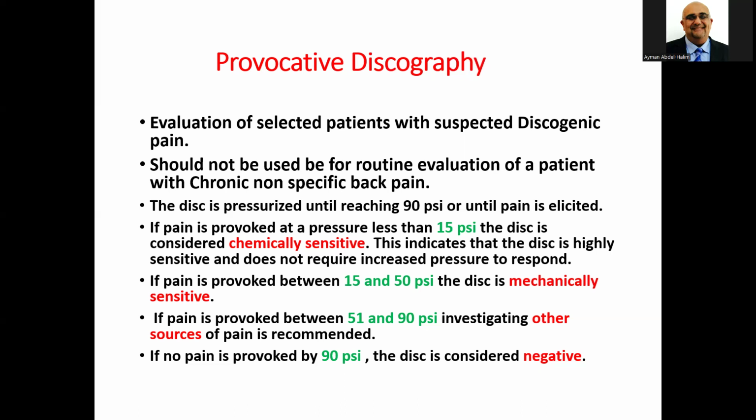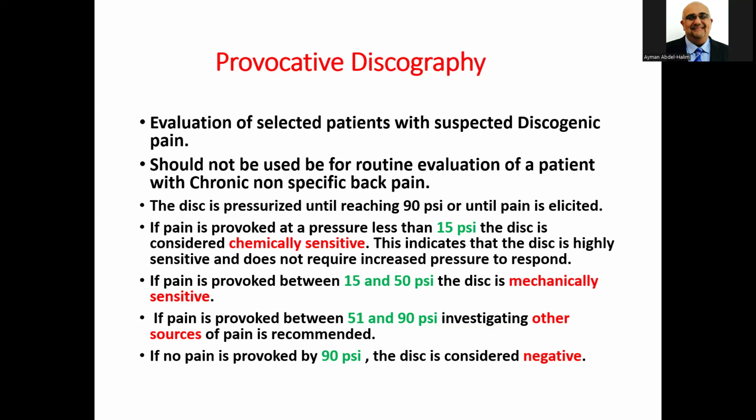With provocative discography, the disc is pressurized until you reach 90 psi. PSI is the American unit for pounds per square inch. Until the pain is elicited. If the pain is provoked at less than 15 psi, the disc is considered chemically sensitive.